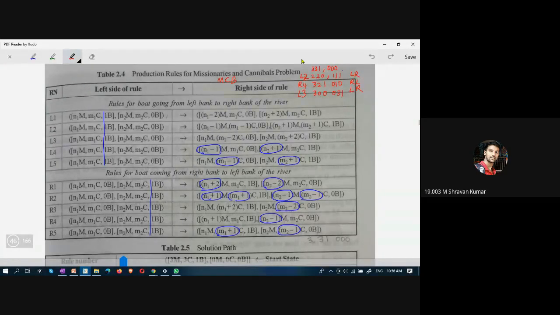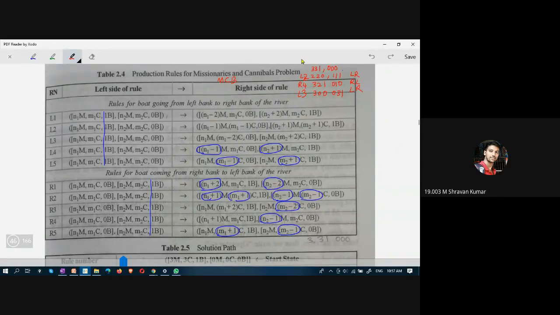In R4, when you came from right to left, you took the missionary from right to left, and only the cannibal was left at right side. So now you are taking 2 cannibals. So there is no problem. All cannibals will be there together.